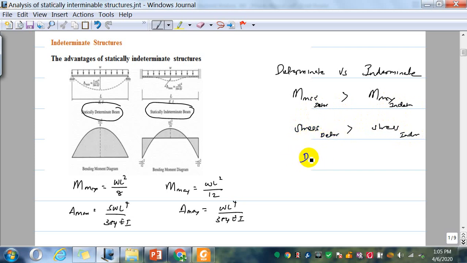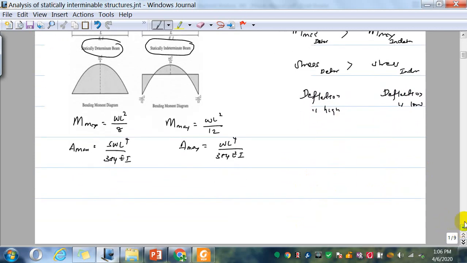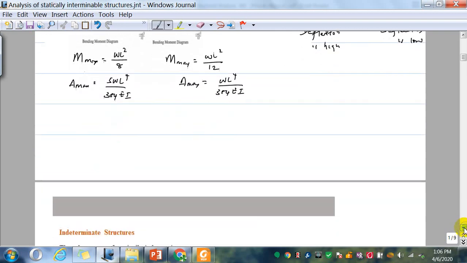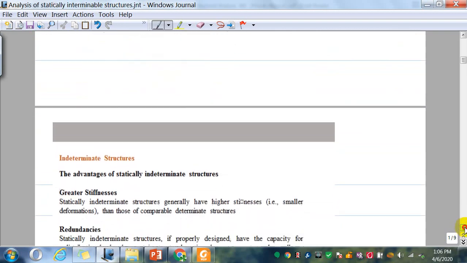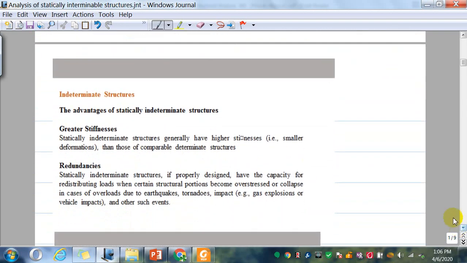And the deflection is high here, while the deflection is low in the indeterminate beam. So these are the advantages of statically indeterminate structures over determinate ones. Because of these reasons, more and more real structures are statically indeterminate. So now if the structure is statically indeterminate, how can we solve it?